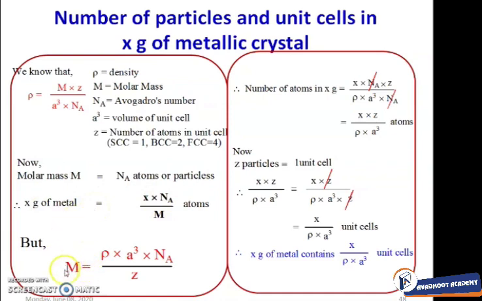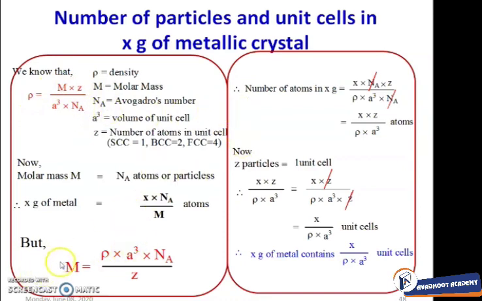But we know that m, that is molar mass, is equal to rho into a cube into Na by z. This is obtained from the first equation, that is rho is equal to mz upon a cube Na.